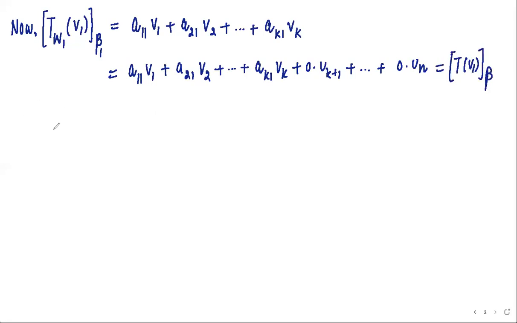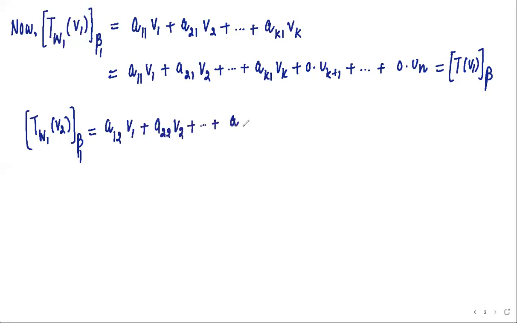Now similarly, TW1 of V2 relative to the basis beta 1 can be written as A12 V1 plus A22 V2 plus so on plus Ak2 Vk.